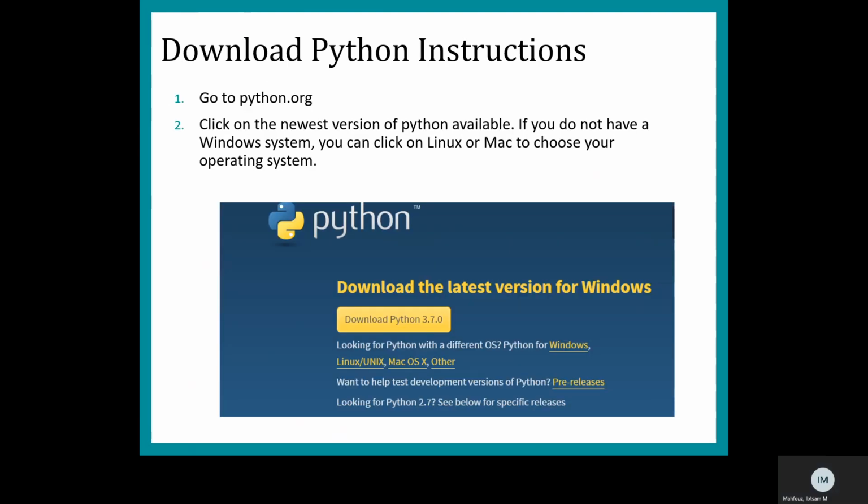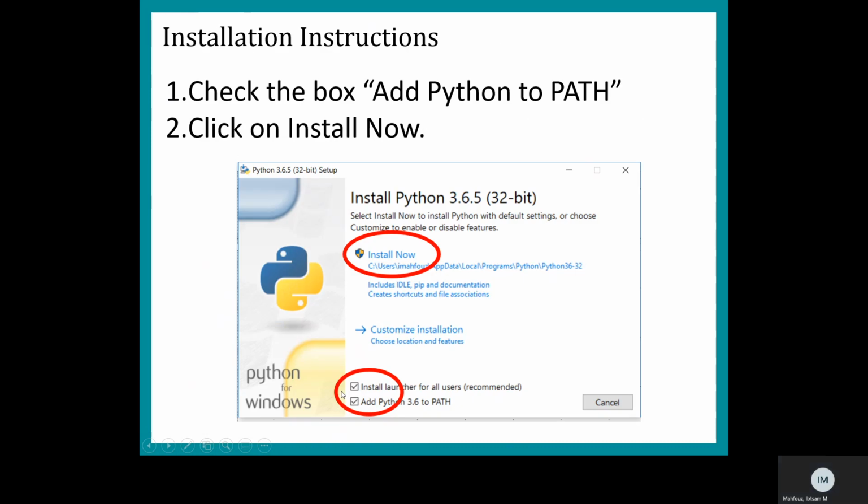So to download Python, you're going to go to python.org, find whatever the latest version is, and install that. When you're going through the installation, you will click on install now. You will make sure that you check the check boxes, and you will continue with the installation.